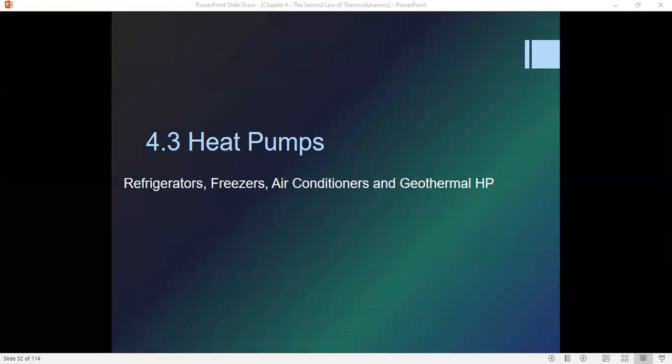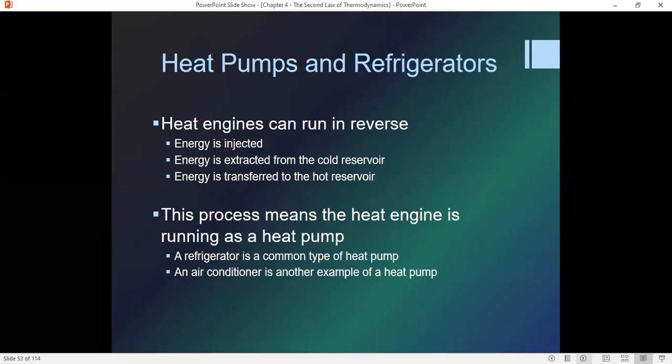So let's take a look at some examples and see what is the same, what is different, and we'll also talk about coefficient of performance. So again, the heat pump, we're really imagining a heat engine running in reverse.